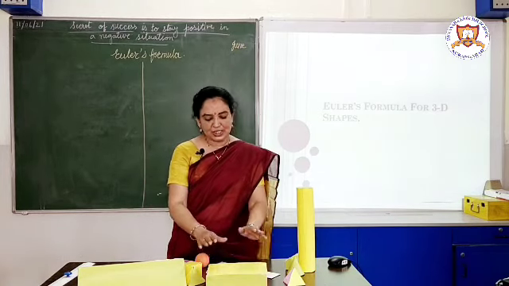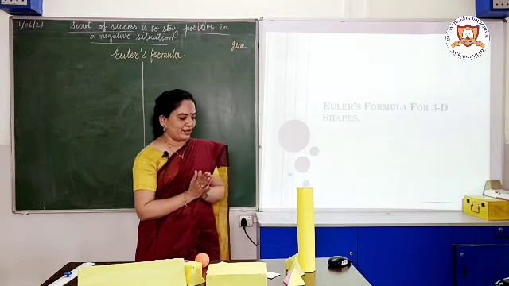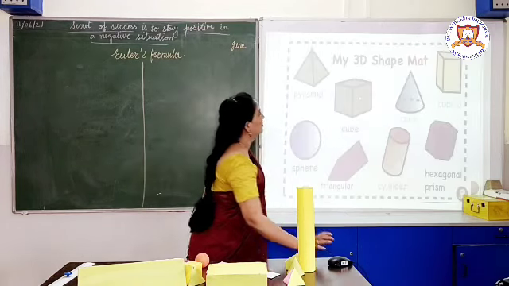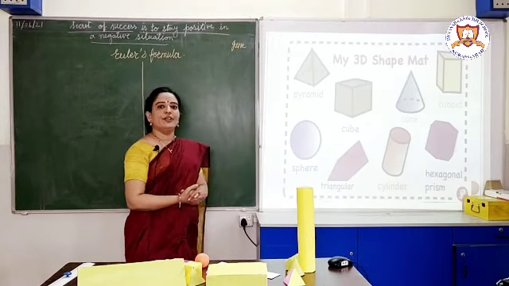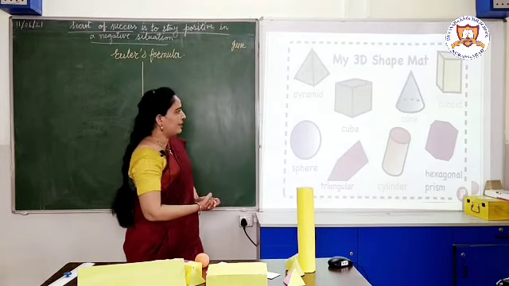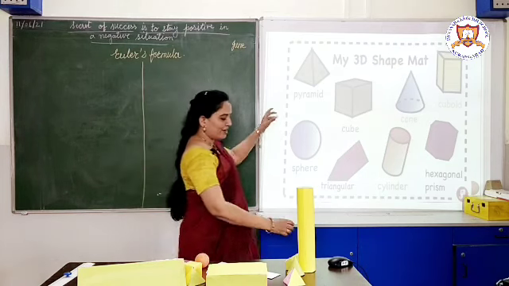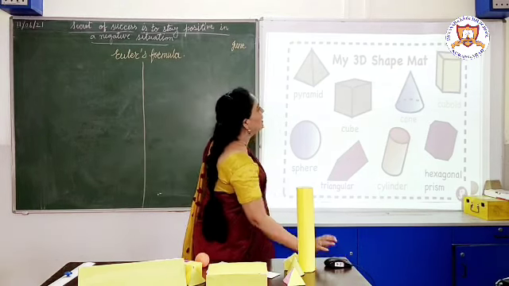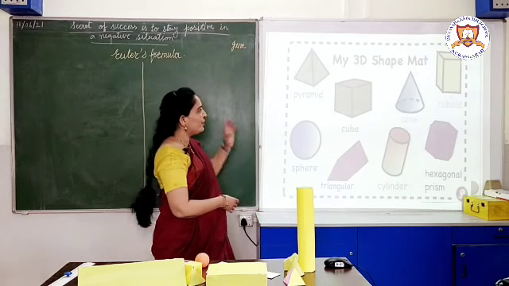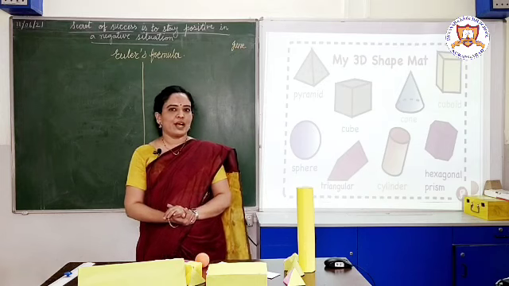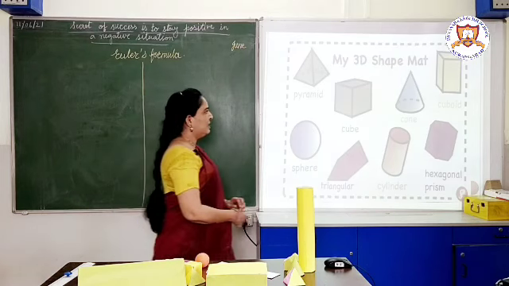Everything depends on these 3D shapes. Now I am showing you a few shapes. We have already learned from the 5th standard the names of these 3D shapes. According to faces or shapes, we are identifying them.